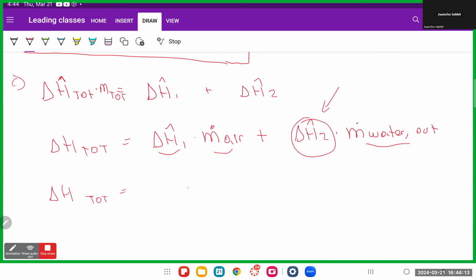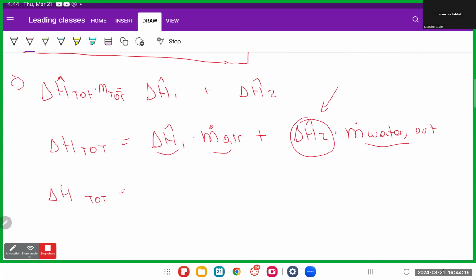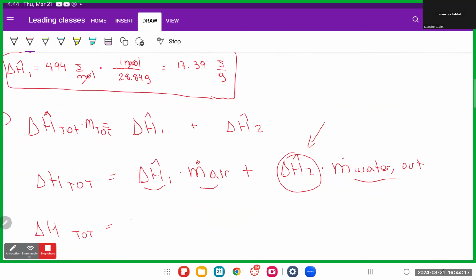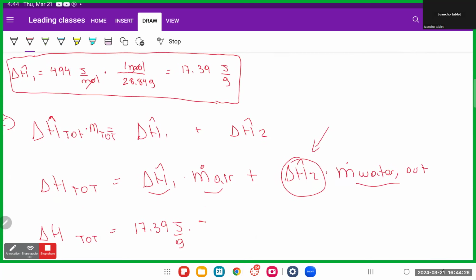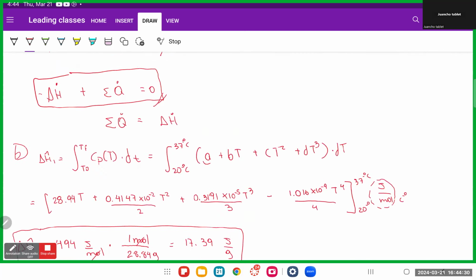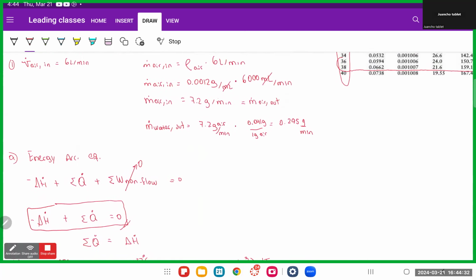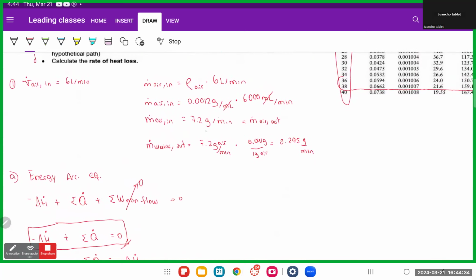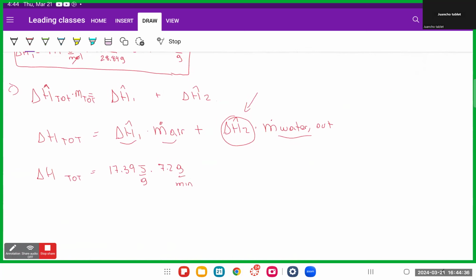It's going to be equal to the first one that we calculated as 1739 joules over grams times the mass of air, which was 7.2, I believe, grams over minute. Just going to check really quick. Yeah, 7.2. Okay.